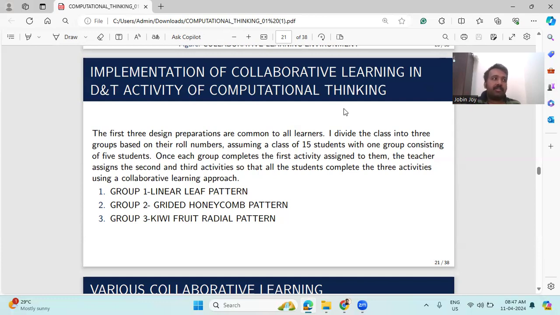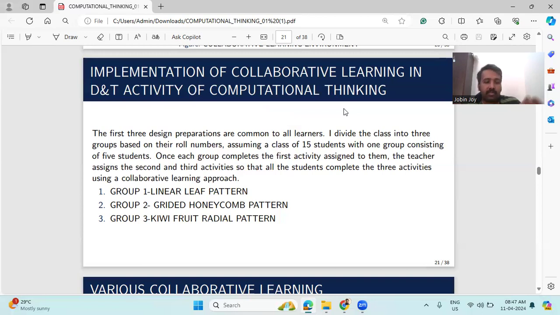Once group 1 finishes, it enters the group 2 activity, group 2 enters the group 3 activity, and group 3 enters the group 1 activity. In this way, 3 activities run in parallel inside the design and technology classroom.